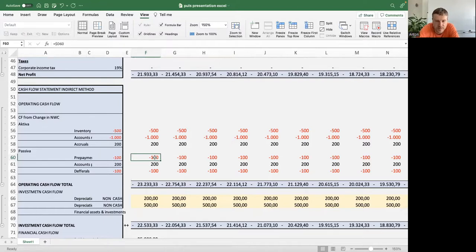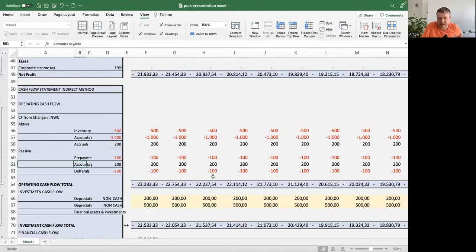What is the position all about? You need to understand that if you need to pay later, that means some additional money is coming in. If it decreases, you get a minus. If it increases, you get a plus. Actually, accounts payable is things you need to pay. You got the service, but you haven't paid for it yet. So this is additional cash for you.